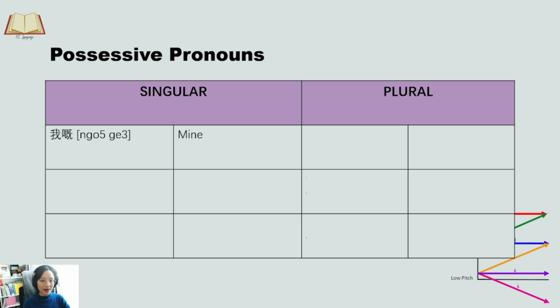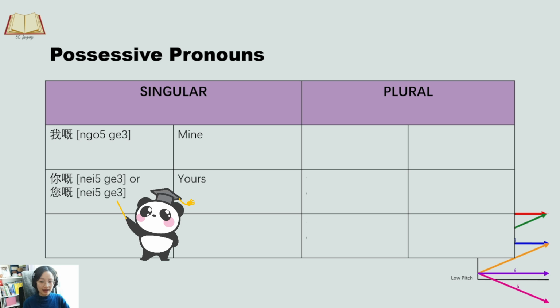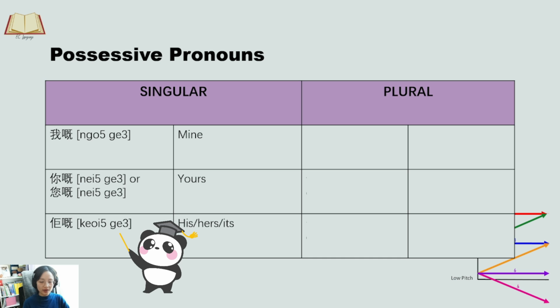So the first one is mine, 我嘅. Yours, 你嘅. His, hers, or its, 佢嘅.